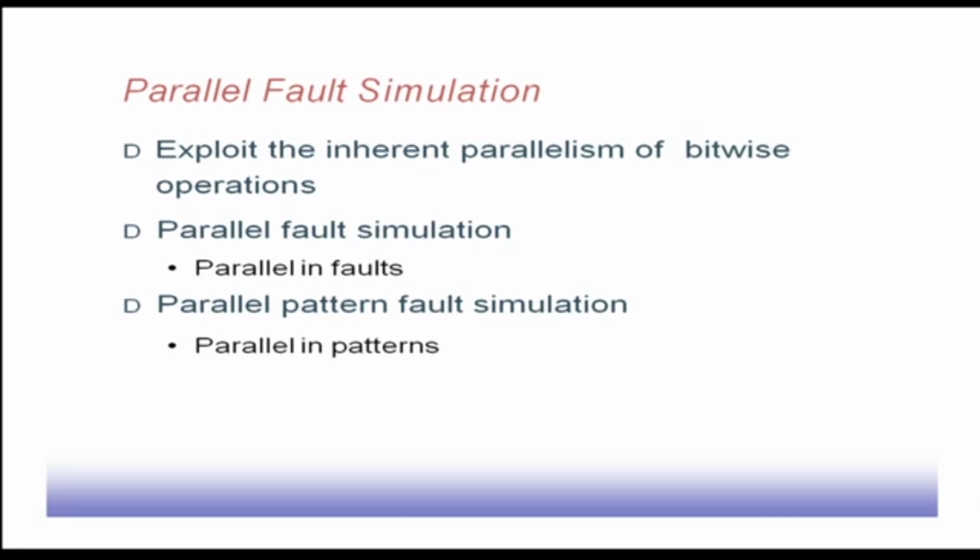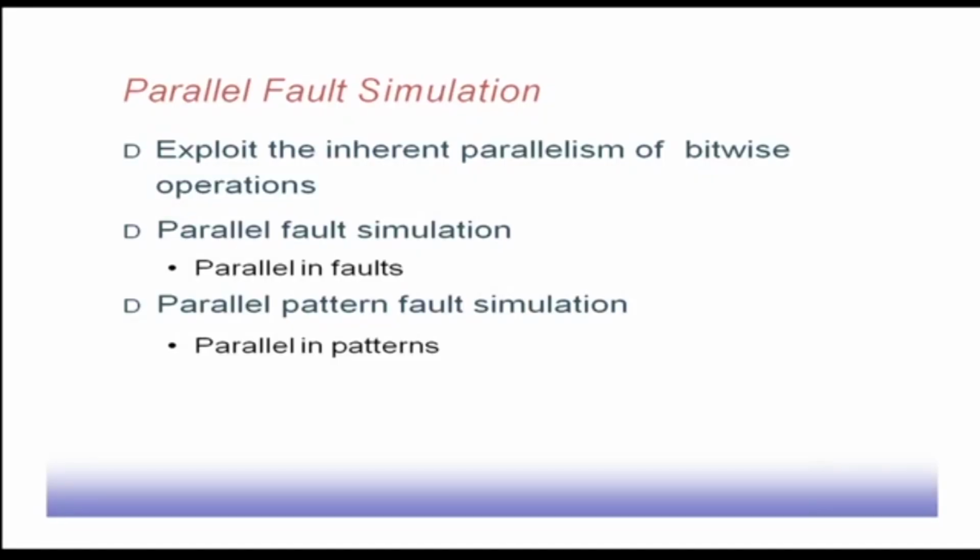So possibly you can do some parallel simulation. You can use the word of a computer to represent many possible states of the signal lines in the circuit. If I have, say, a 32-bit word, then 32 different states of a single line can be put into a word. So that way it can help us in doing the simulation process.